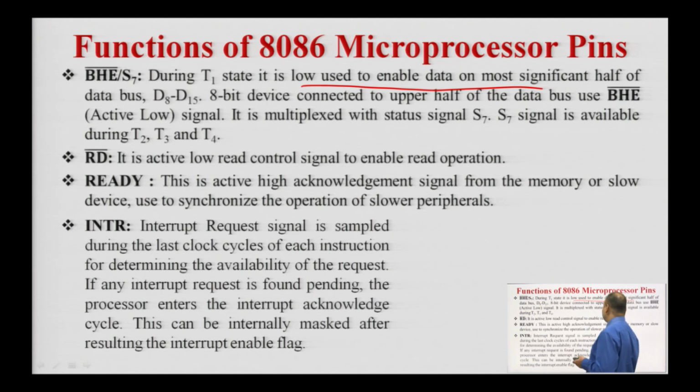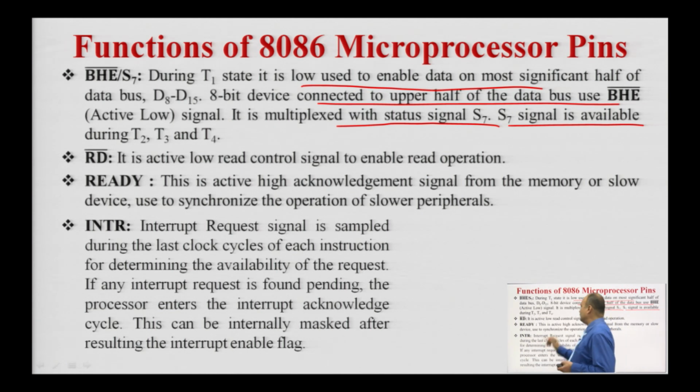When the BHE bar signal is low, an 8-bit device is connected to the upper half of the data bus, that is D8 to D15. It is multiplexed with the status signal. S7 signal is available during T2, T3 and T4 T states.